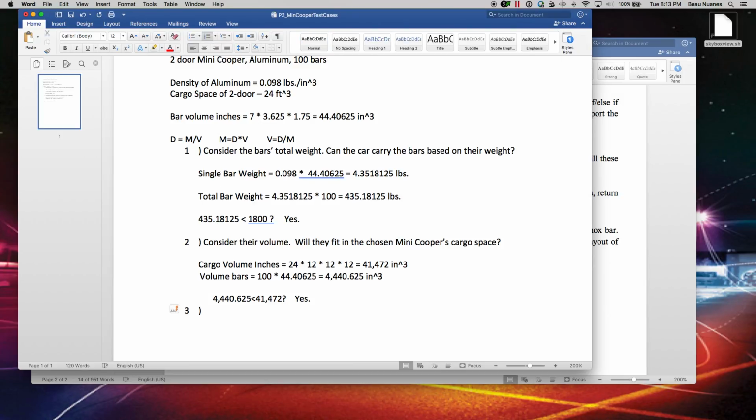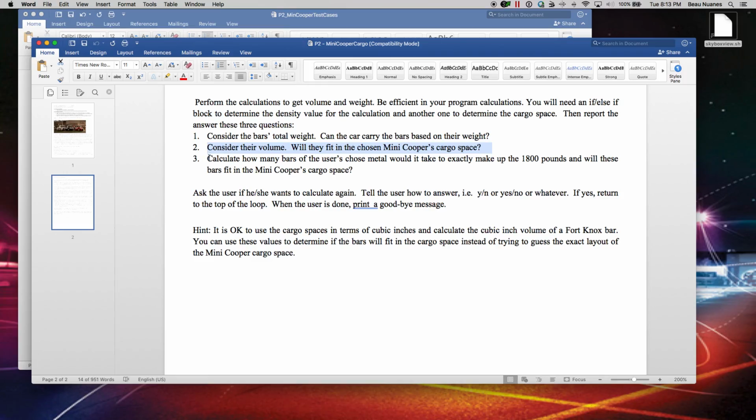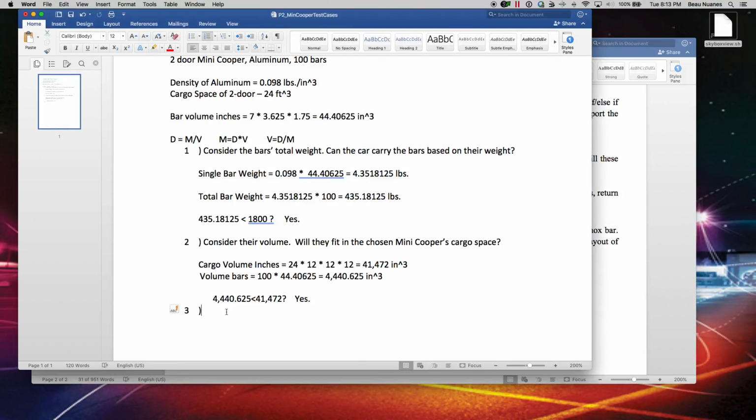All right, last question we have to answer, again from our spec. Calculate how many bars of the user's chosen metal it would take to make up the 1,800 pounds, and will these bars fit in the Mini Cooper's cargo space? Let's find out.